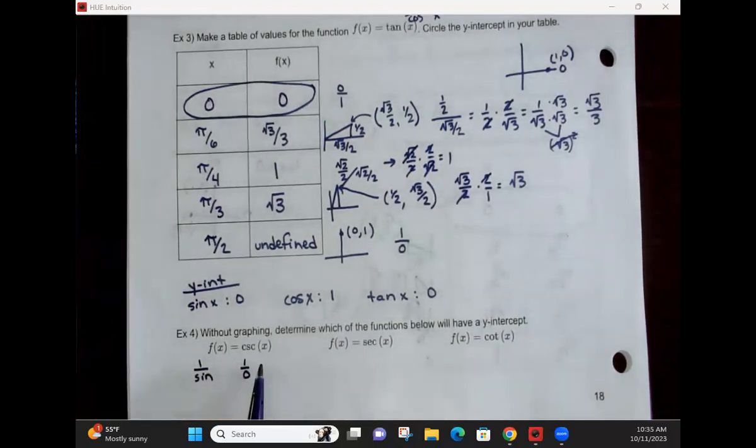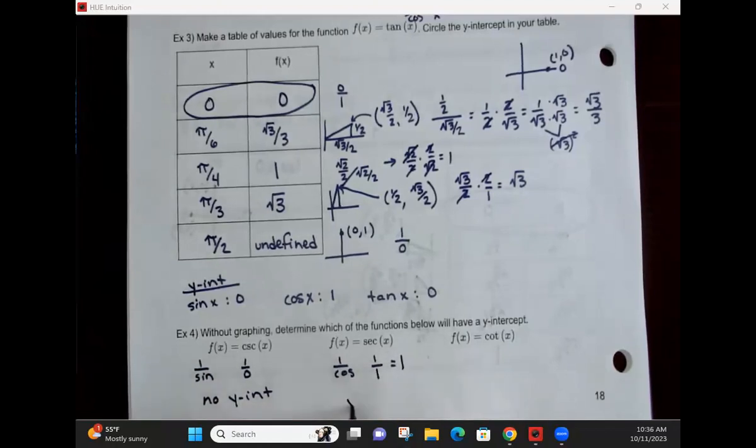Will I have a y-intercept for cosecant? No, we're going to be undefined there. What about for secant? Would you expect a y-intercept for secant? Yes. What would it be? 1, right? Secant is 1 over cosine. So its y-intercept would be 1 over 1, which is just 1.